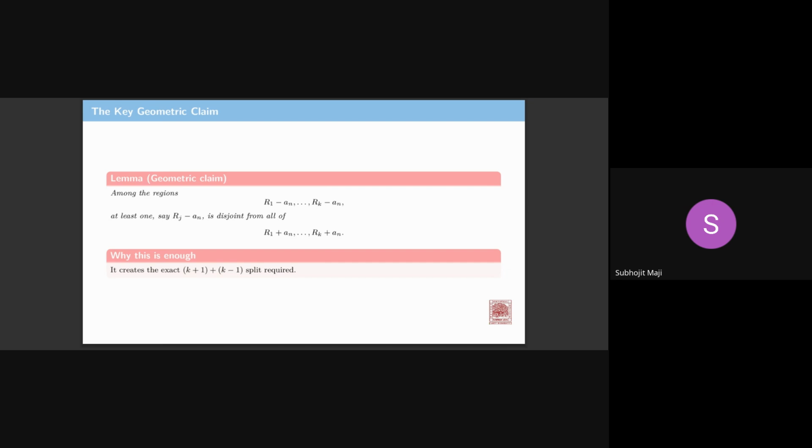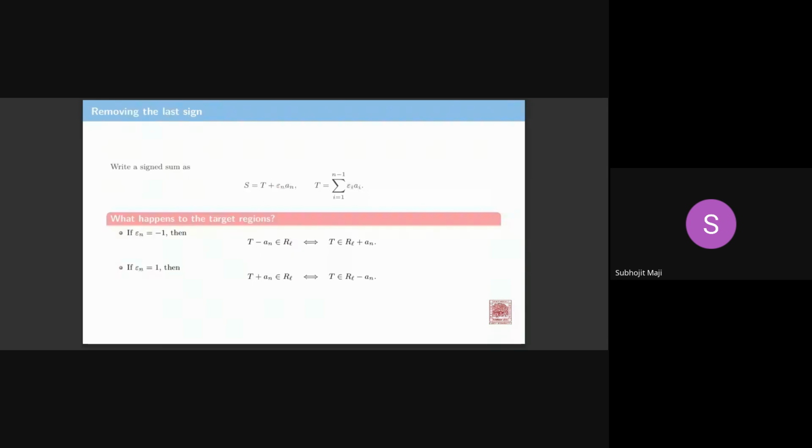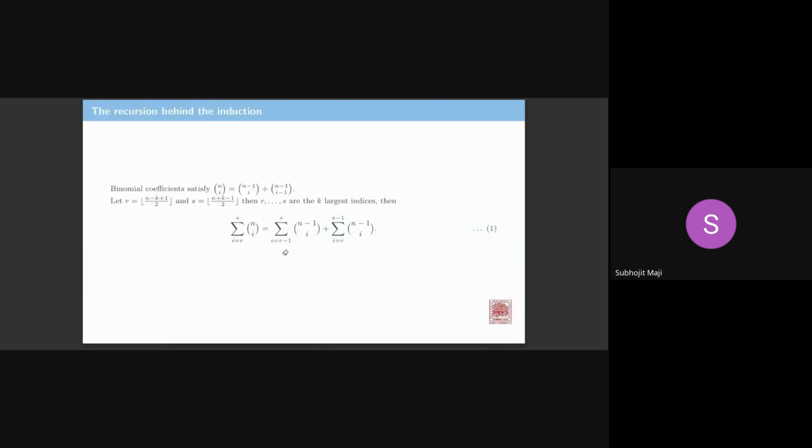And I can add the region R_j minus a_n, and that will not affect any of the other regions, that is R_1 minus a_n, R_2 minus a_n, up to R_k minus a_n. So this creates the exact k plus 1 and k minus 1 split that is required. If you remember, the k plus 1 and k minus 1 comes from here, right? These terms right here contain k plus 1 and k minus 1 terms, if you think about it.